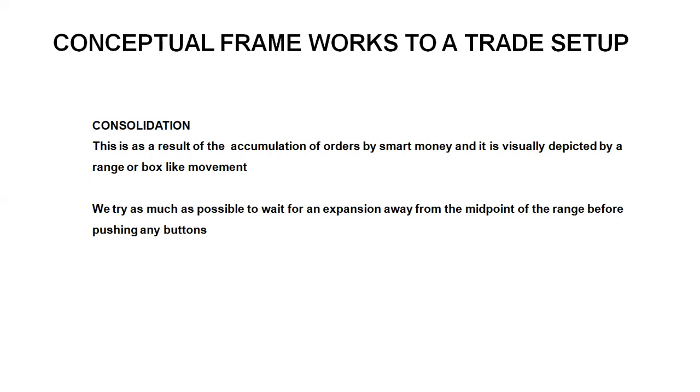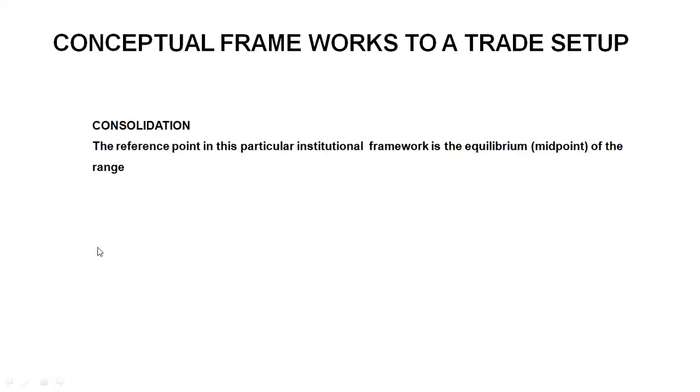The reference point in this particular framework is the equilibrium or midpoint of the range. That means when the range finishes forming, you're looking for a sharp movement away from the equilibrium or the midpoint. That is what you're looking at for you to be able to take a trade or make the most out of this particular institutional framework.